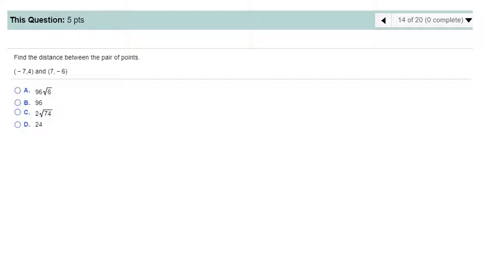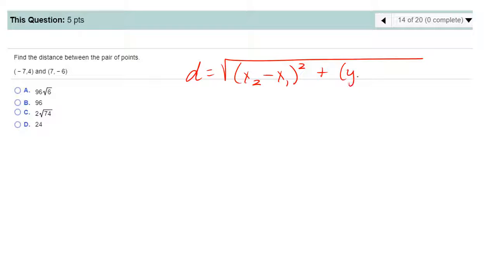On question 14, you would just replicate what you did on the previous problem. So remember, it's x2 minus x1 quantity squared plus y2 minus y1 quantity squared, and you take the square root of all of that. So I label my first ordered pair as x1, y1.